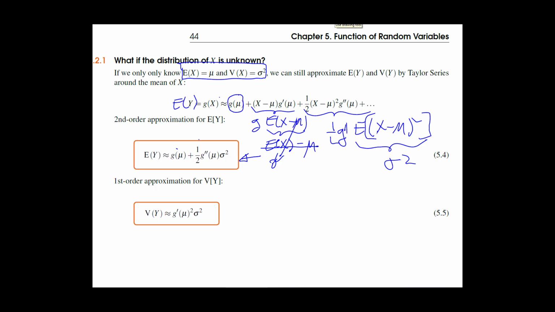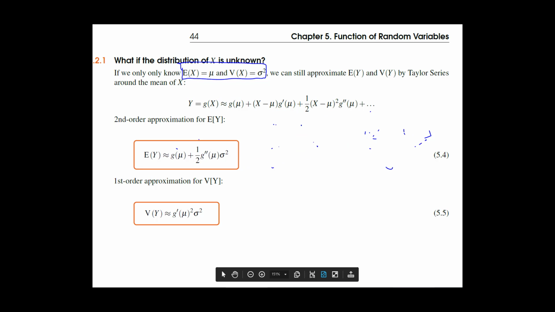Now for the variance, it turns out that we always take the first order approximation. Let me show quickly how we do this. The same thing: we're going to take the variance of y up here. If we take the variance of y, we get the variance of a constant, which is 0.